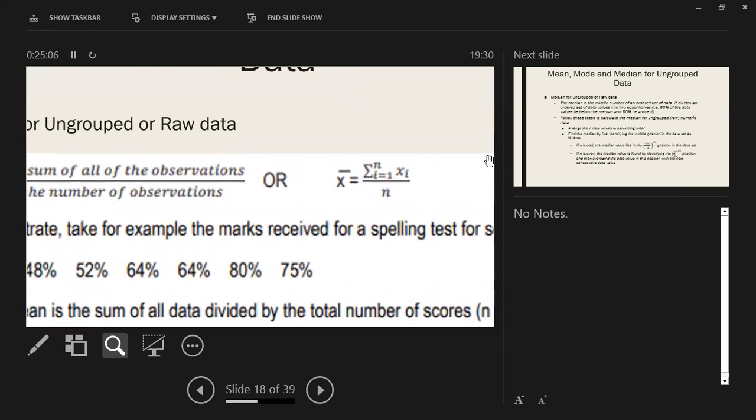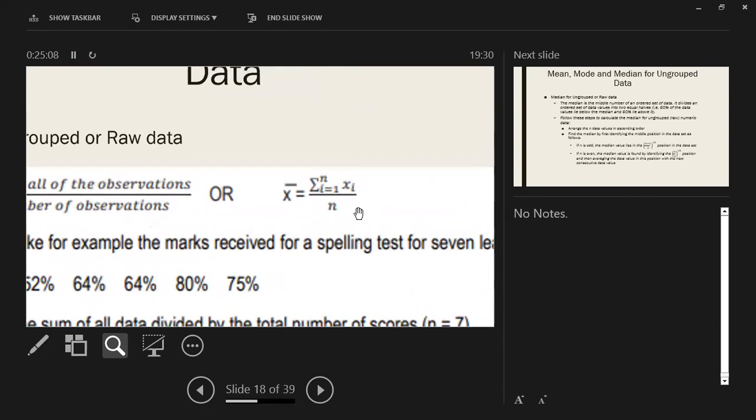In statistical notation, it is equal to summation. This reversed capital letter E is a representation of summation. So you're summing all the values of X and dividing by N.